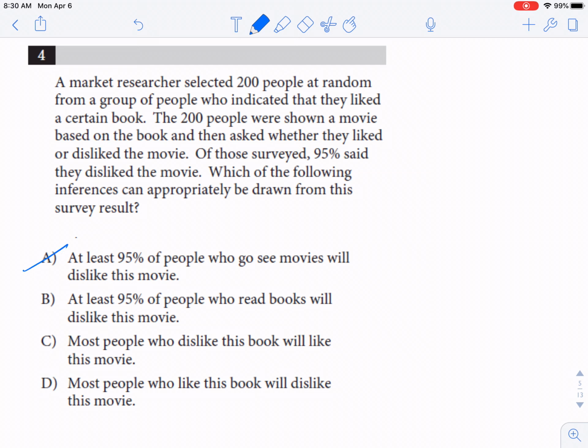No, we're talking about this book. Most people who dislike this book will like the movie. No, they indicated that they liked a certain book. So therefore, our answer is going to be most people who like this book will dislike the movie. That is a true statement based on this specific survey of this group of 200 people.